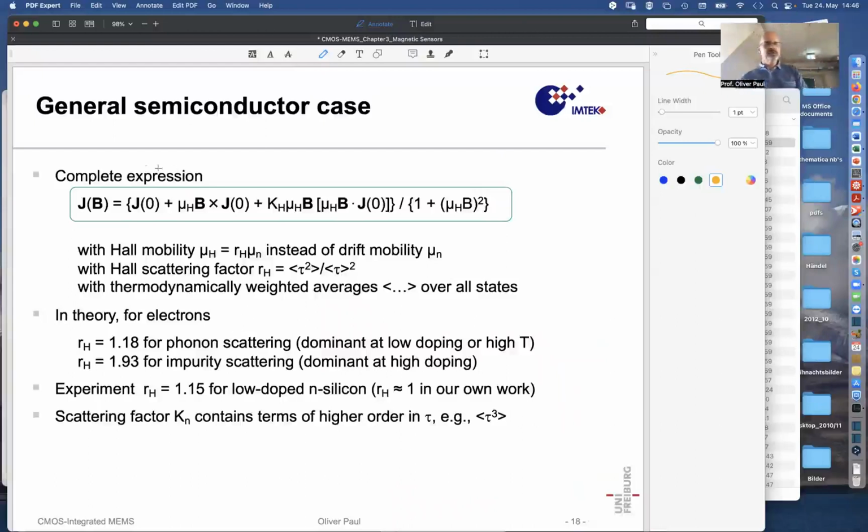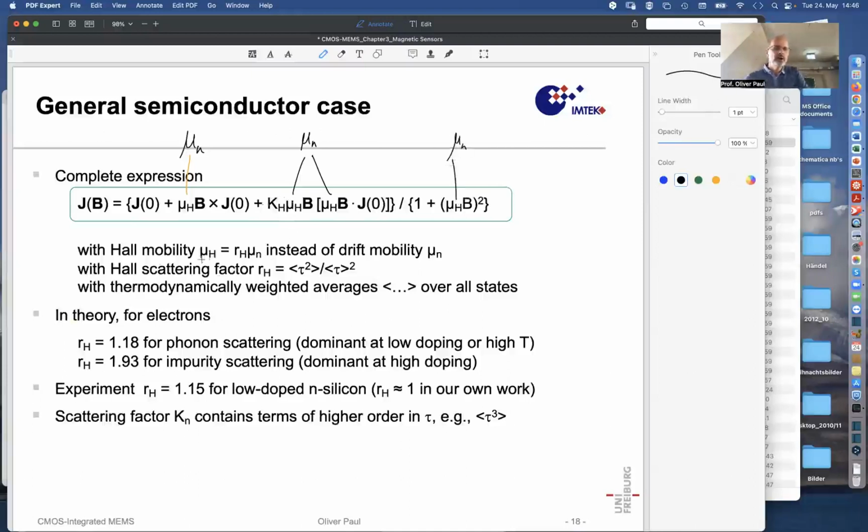So for instance, in this earlier equation, we had mu n here. Now let me write that in black. We had mu n, the mobility of the electrons, here, same here and here, mu n, and we didn't have any k in there. Now mu n is replaced by mu h, and then there is this additional k, so here same, mu n.